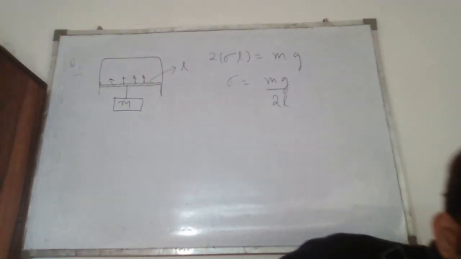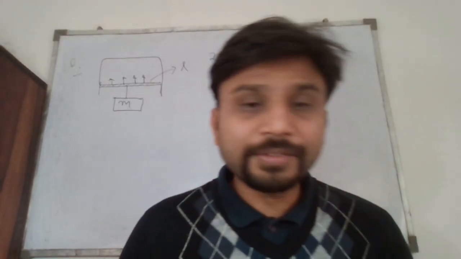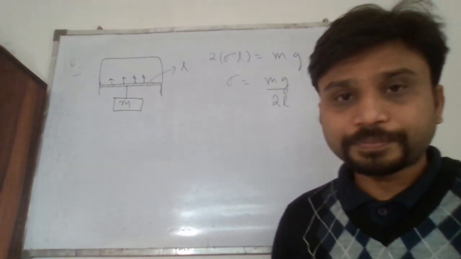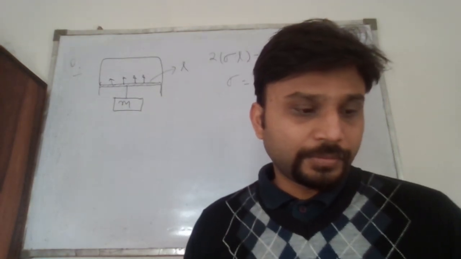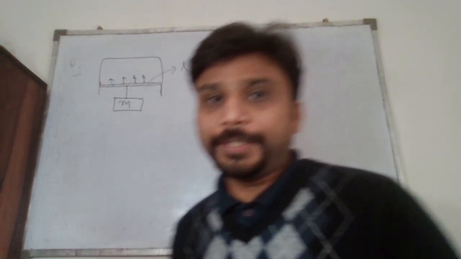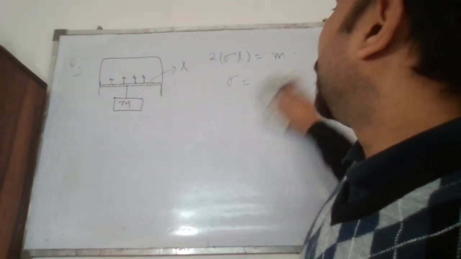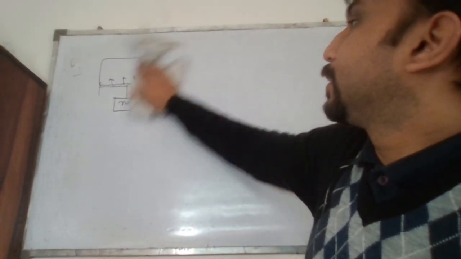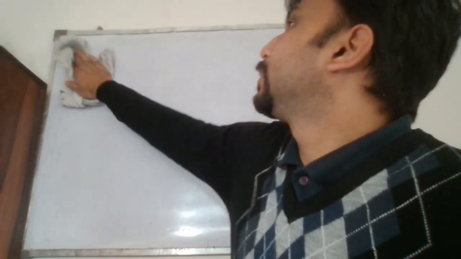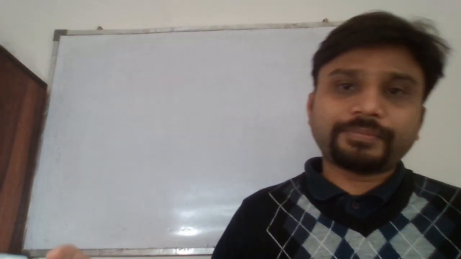Next, let us begin. We have a rectangular plate. What's so special about this rectangular plate? We are going to dip this rectangular plate lengthwise on the surface of a liquid.